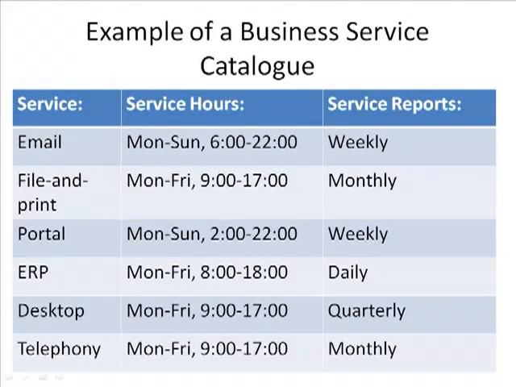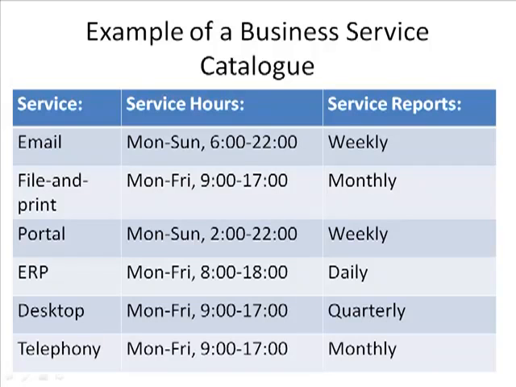So please don't see a business service catalog as a highly complex document. It's really a shopping list, a menu of all the services you are providing. And it's like an overview. And if you think about the details, you probably have to go to the individual SLAs you may have in place for those services. But this is really an overview. For example, services like email, file print, portal, ERP, desktop, telephony services. Now I've got a name there.